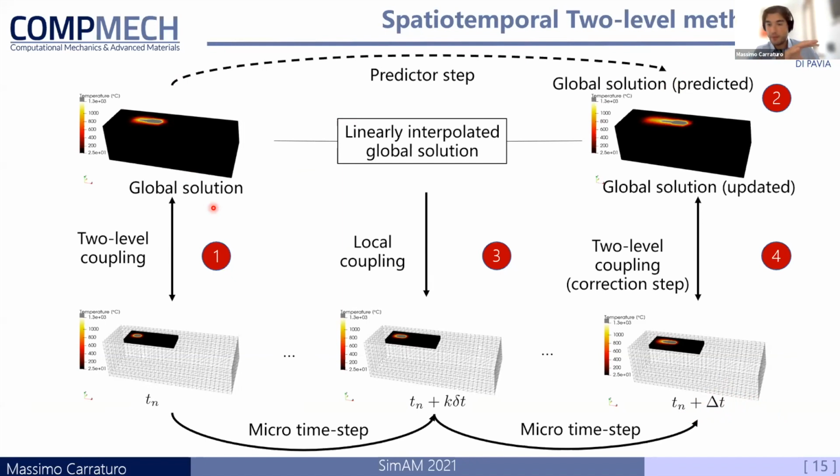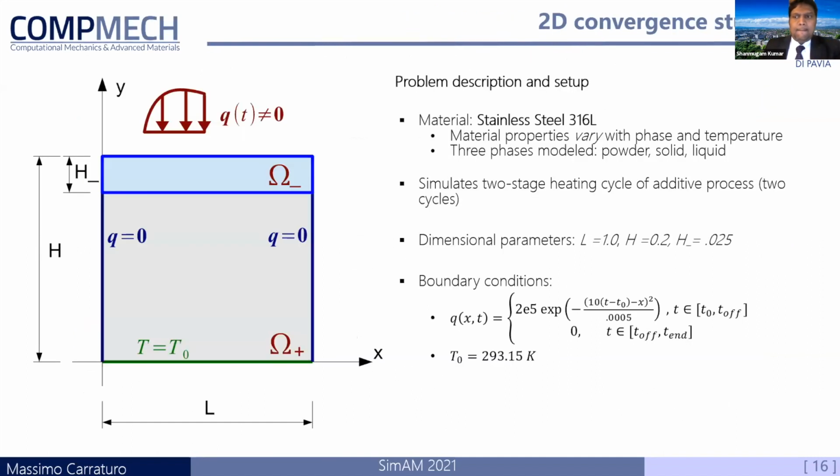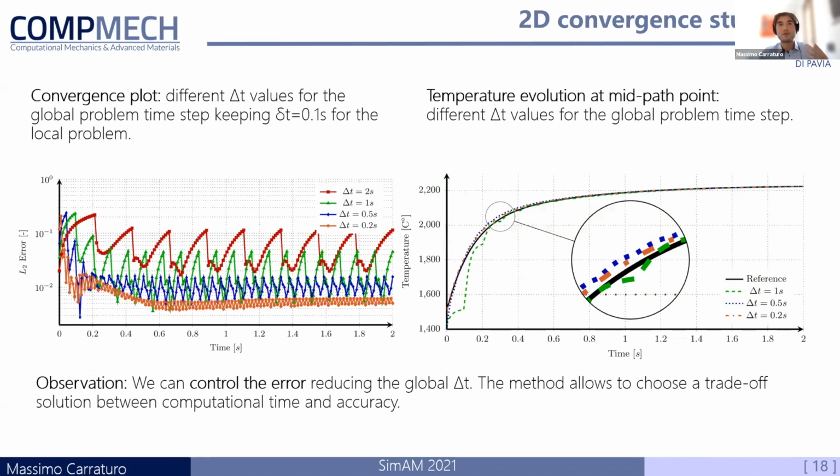So for the local problem, you have a much smaller intrinsic time scale that you have to resolve with a small lowercase delta t. The global problem instead is used basically to capture the tail of the temperature distribution when the gradient is much lower. So in this case, we take advantage of this fact to use a larger delta t.